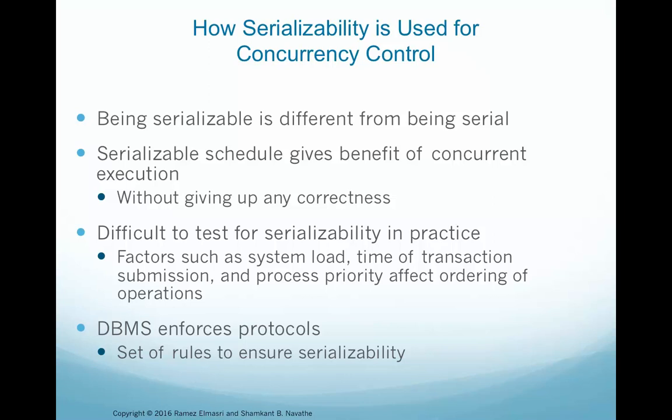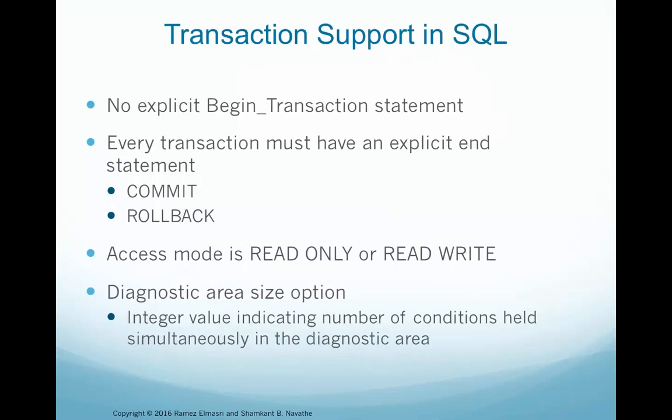The way it's used in concurrency control is creating a serializable schedule, thereby making concurrent execution possible, and we are not giving up on correctness. In practice, it's very difficult to test for serializability, but the database management system enforces a number of protocols, basically rules that ensure serializability.